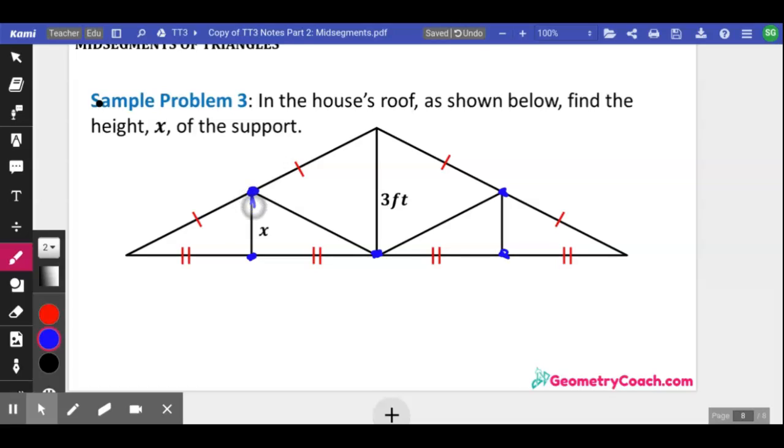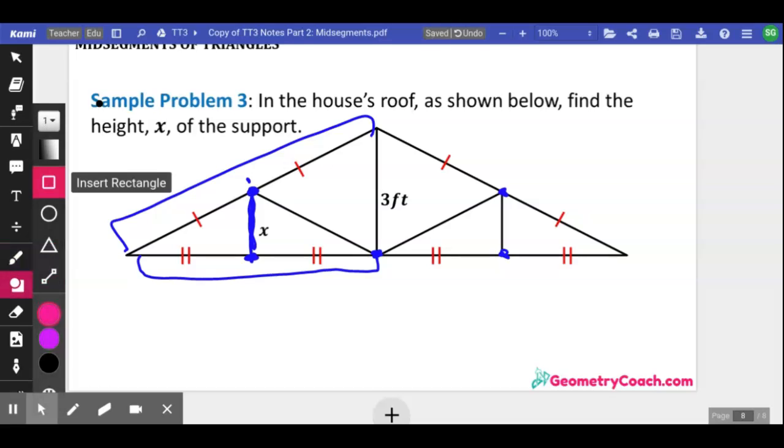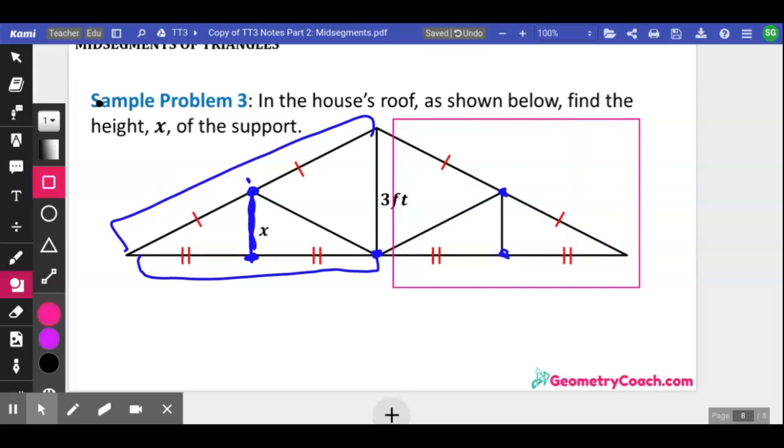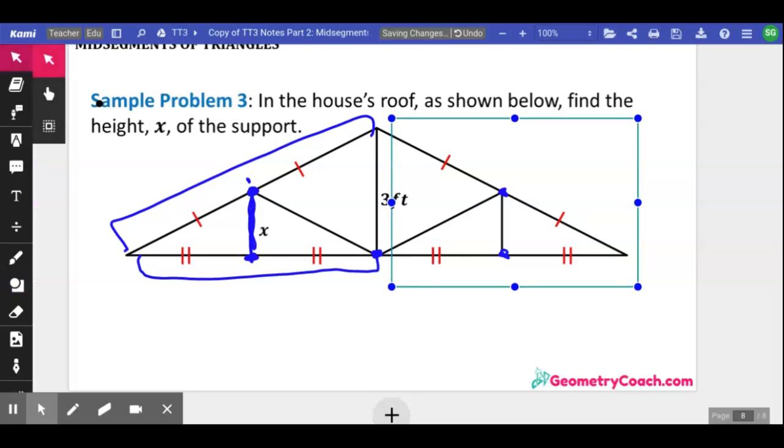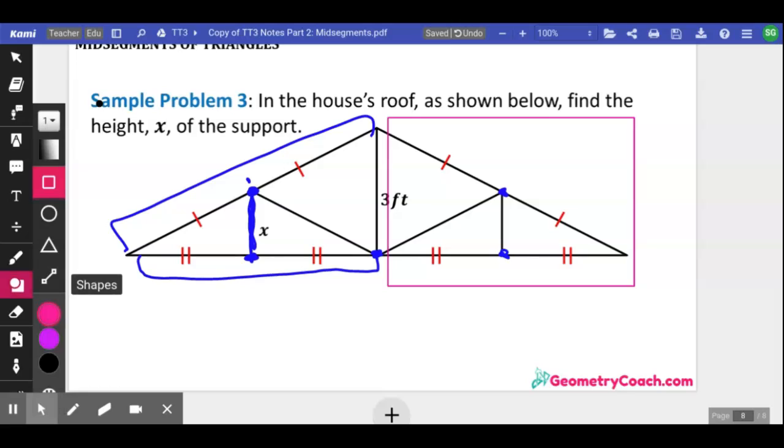Okay, so x is here. It's a midpoint from here to here and a midpoint from here to here. So we are only looking at the left-hand triangle. So I want to ignore this.